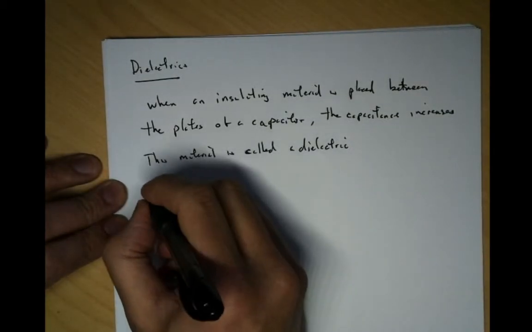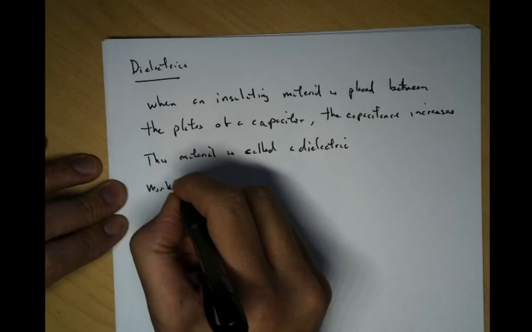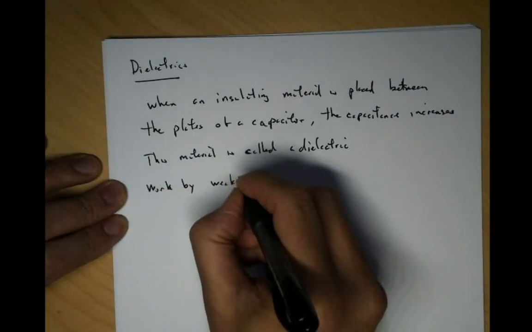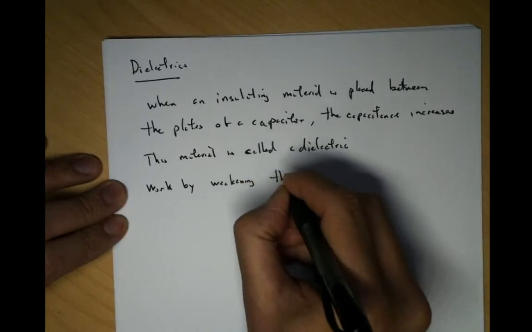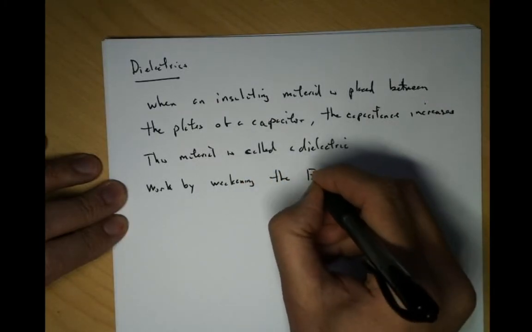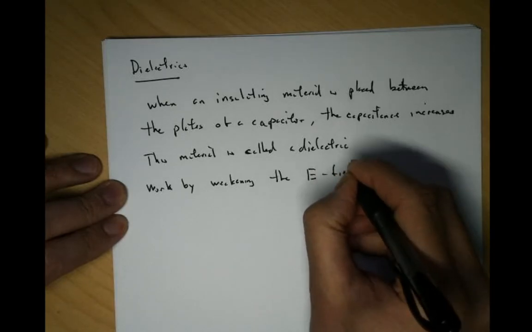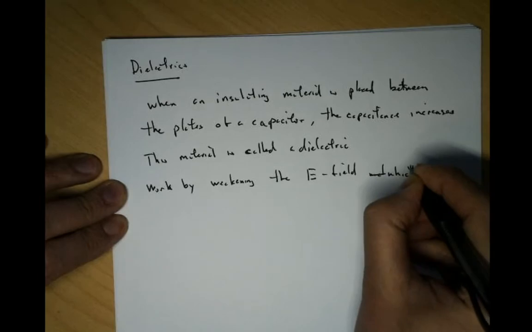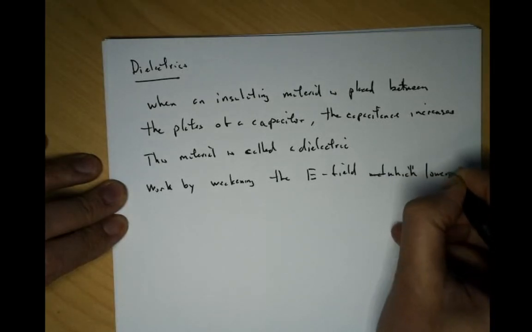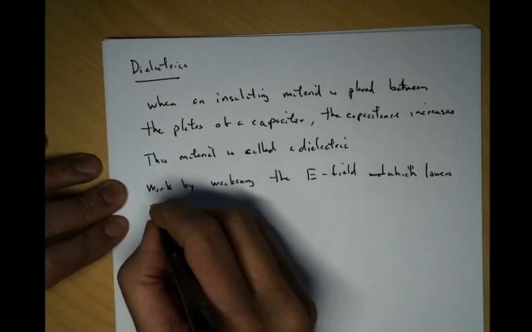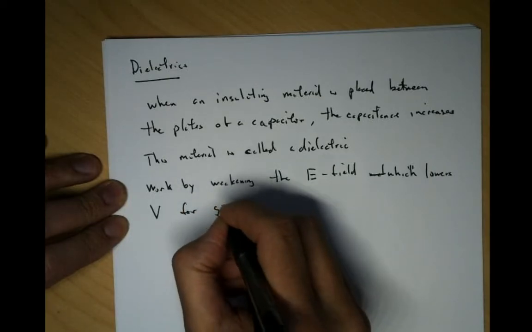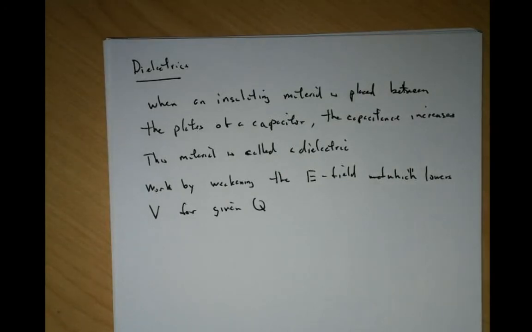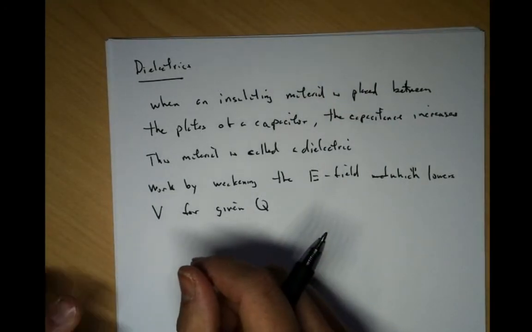So they work by weakening the E field, which lowers V for a given Q. So you have some Q, and it works by lowering V, okay?